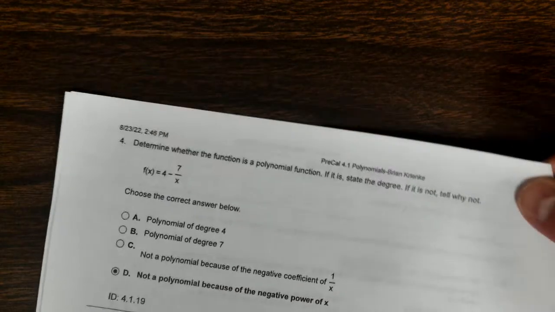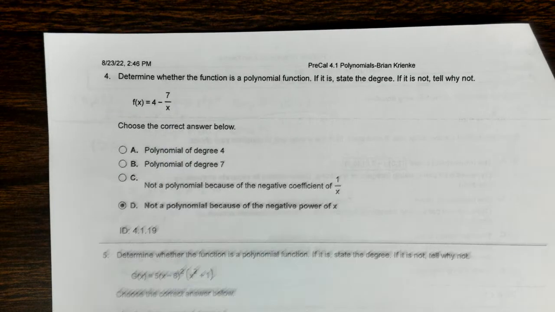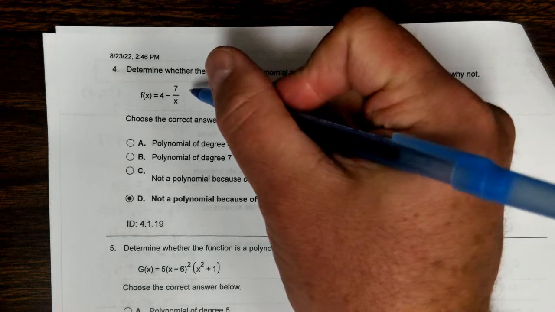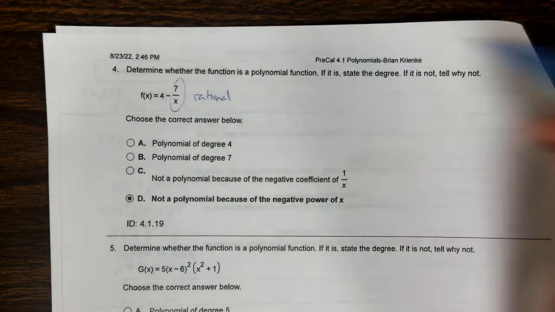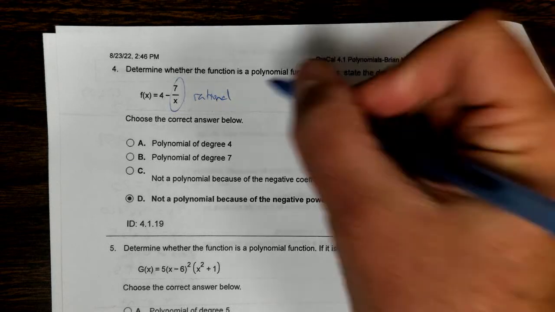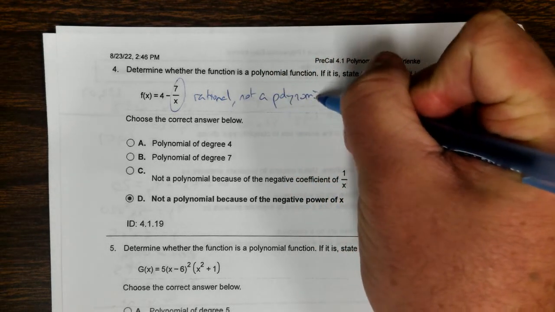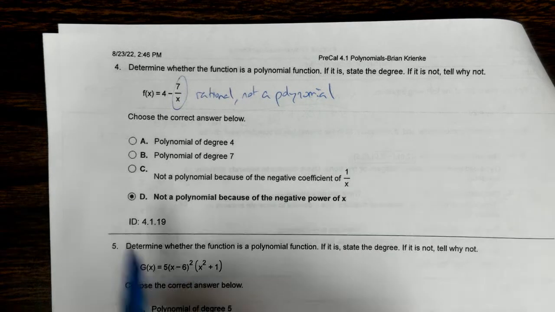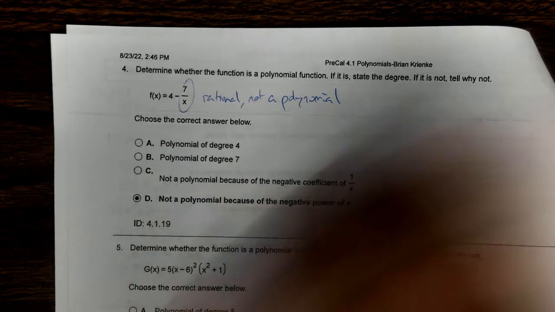Number 4. So this one says 4 minus 7 over x. This part is rational, and so it's not a polynomial. The 4 part is a polynomial, but the -7 over x makes the whole thing not a polynomial.